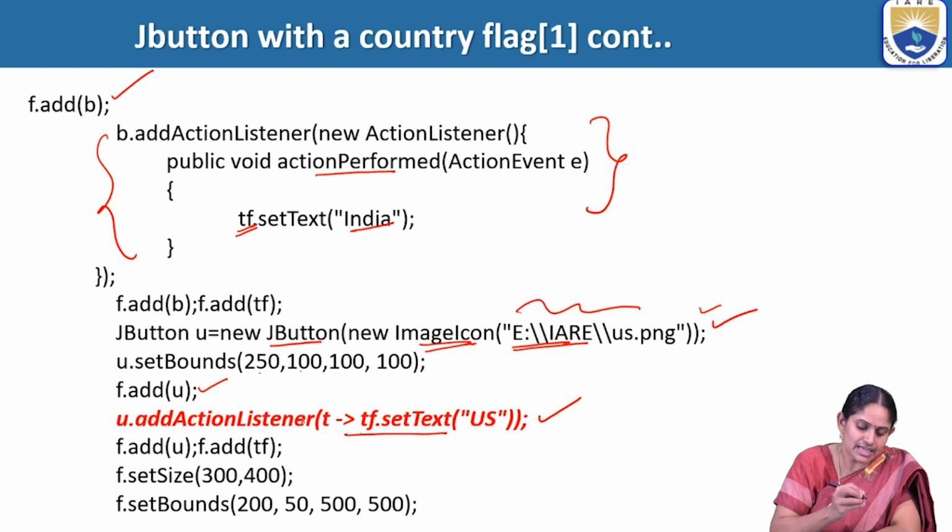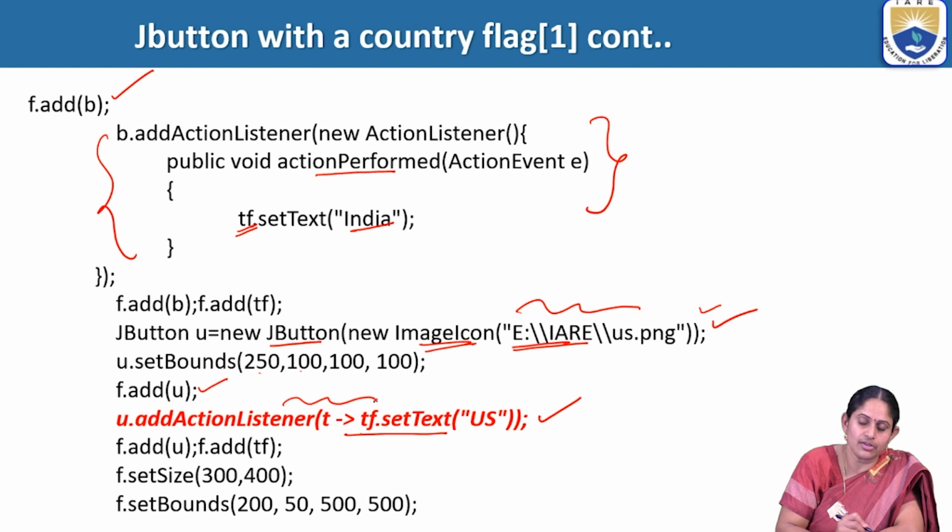So when we click that button, the action event object will be created again. See, even if we have this reduced to one single line, the same steps are performed.